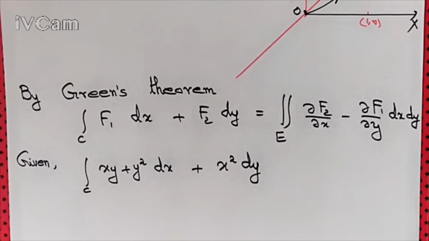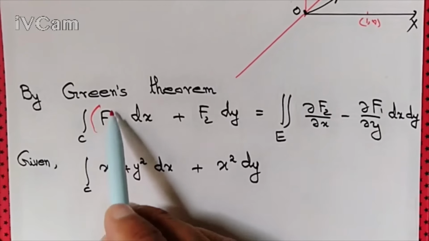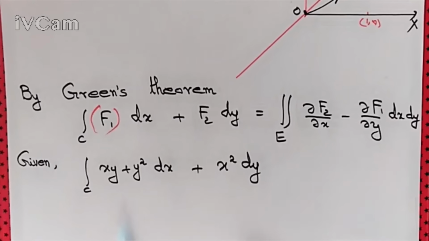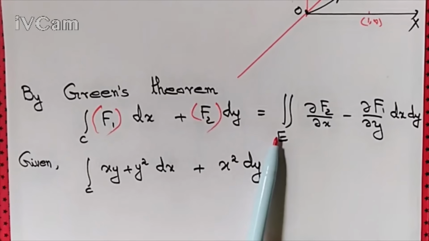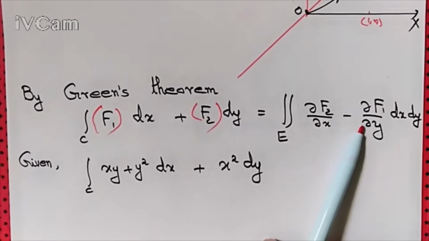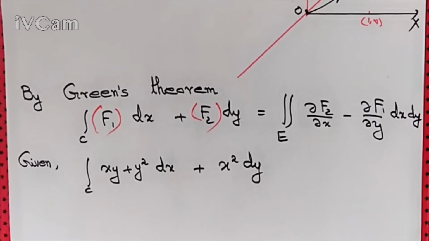So Green's theorem says the integral of a function f1 with respect to x and of another function f2 with respect to y over that closed curve, if we add them, equals the integral over the region of del f2 del x minus del f1 del y dx dy.